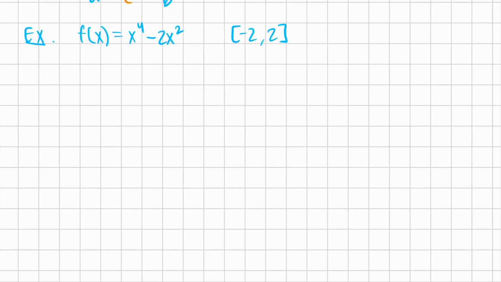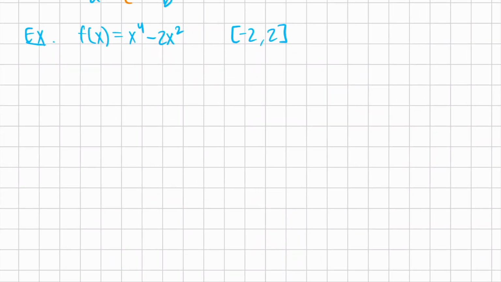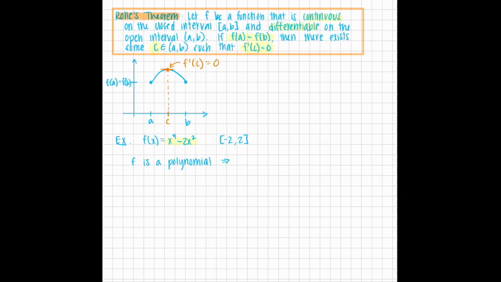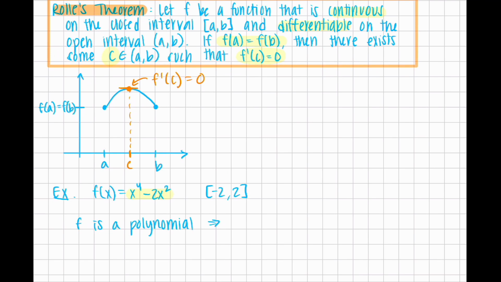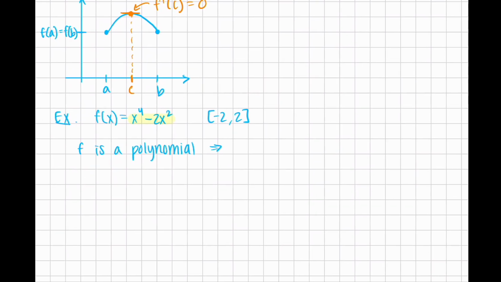So first thing is, this is a polynomial. Every polynomial is continuous and differentiable everywhere. So I'm going to say f is a polynomial. Therefore, and we're going to go by our theorem, I want to show I'm continuous on the closed interval and differentiable on the open interval.